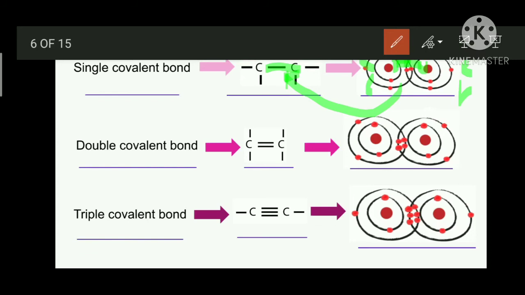It is the same for the double covalent bond. They will be joined and get two straight lines. And the same for the triple covalent bond, they will be joined and get three straight lines.